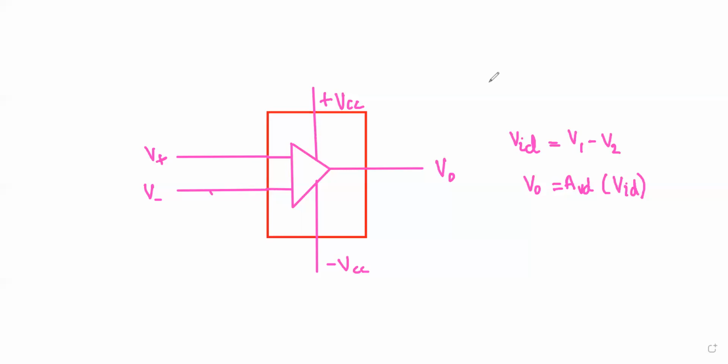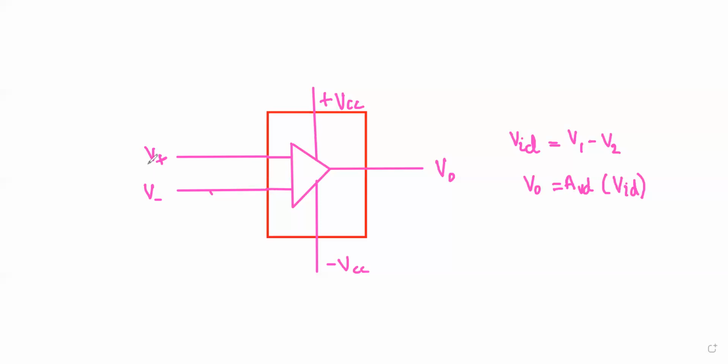So here let's look at the characteristics of an ideal op-amp. This is a diagram of an op-amp. Here we are going to give two input voltages. We are going to call this port V plus and the next one V minus.